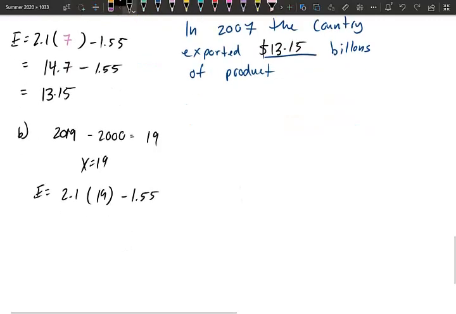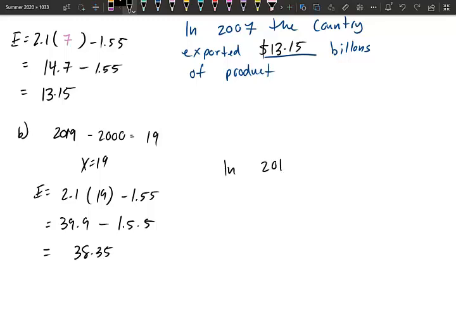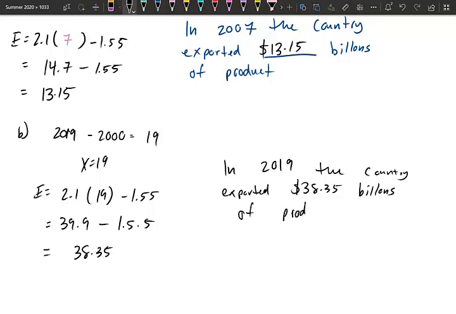We use our calculator. 2.1 times 19 is 39.9, and 39.9 minus 1.55 gives 38.35 billion. So in 2019, the country exported $38.35 billion of product. Product or goods doesn't matter.